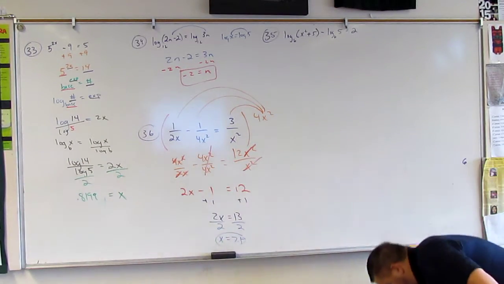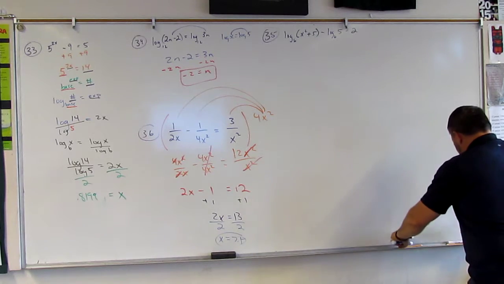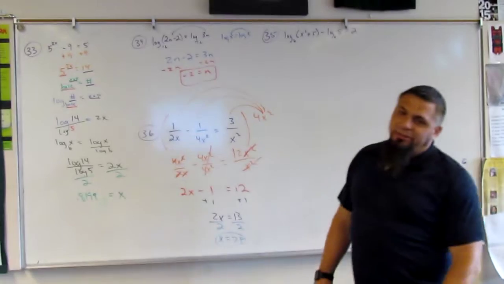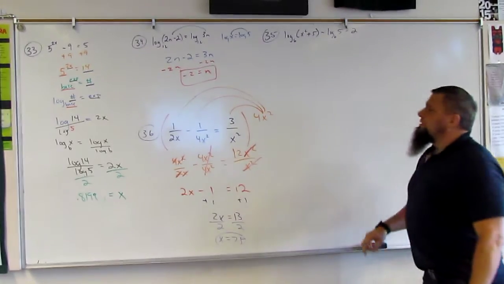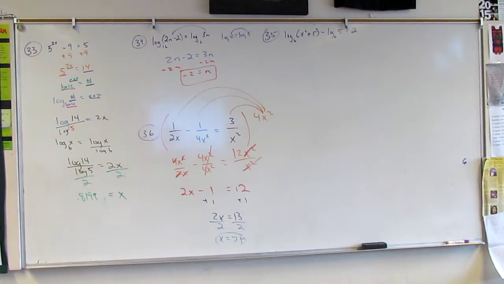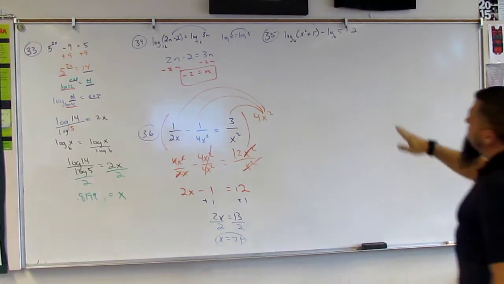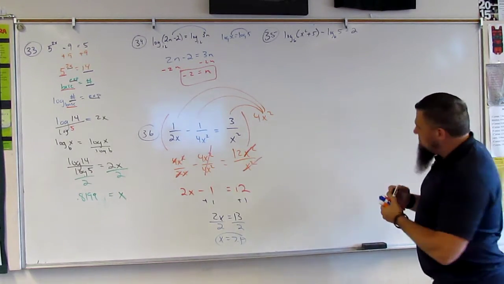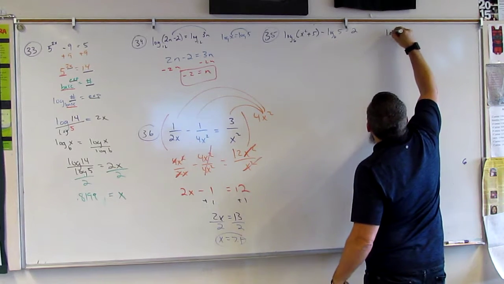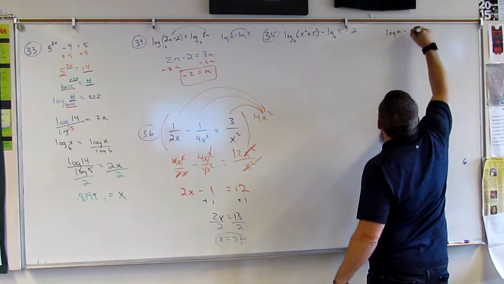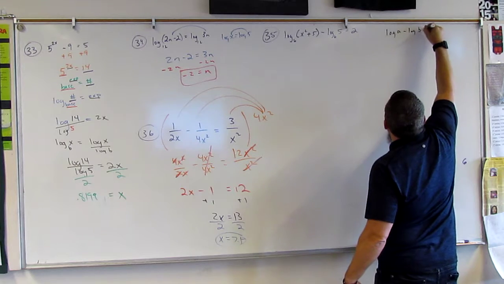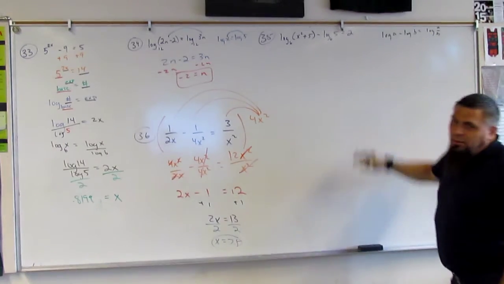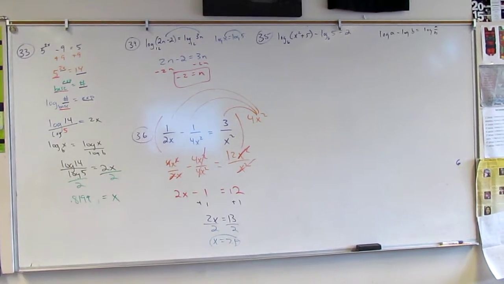Alright, what's next? Logarithms. This is the harder one. So, what do we do when we subtract logs? The log of A minus the log of B equals log of A divided by B. So when we subtract, we divide.